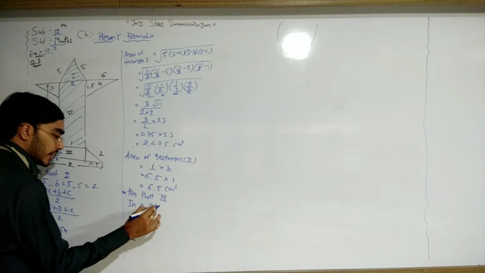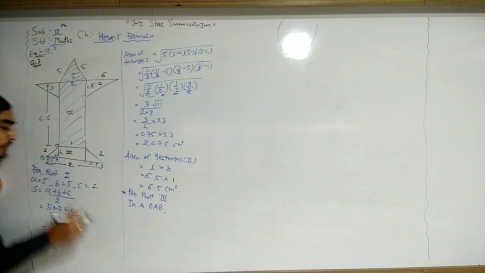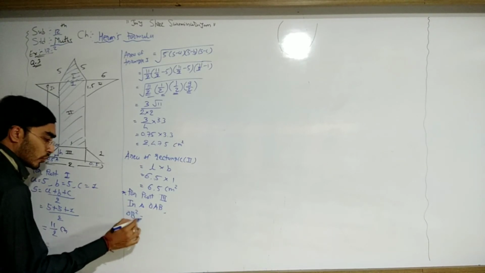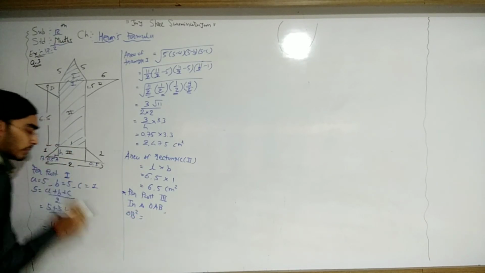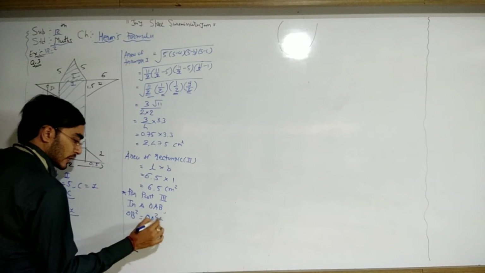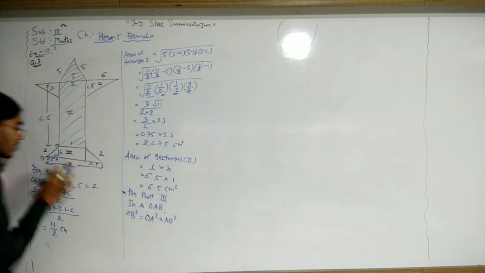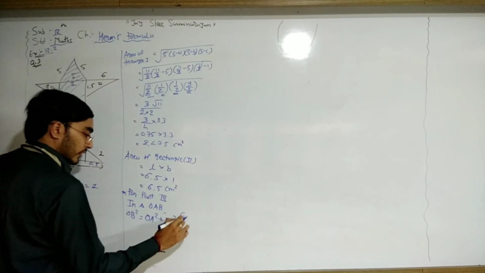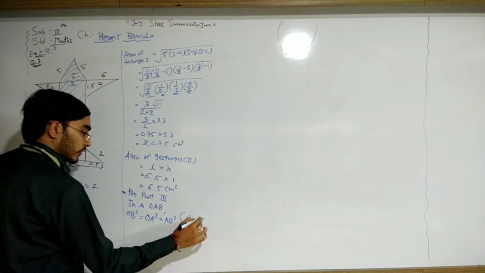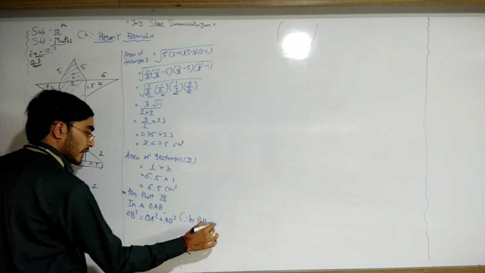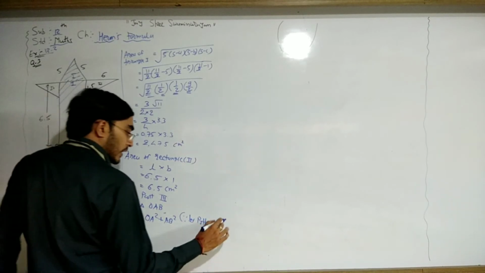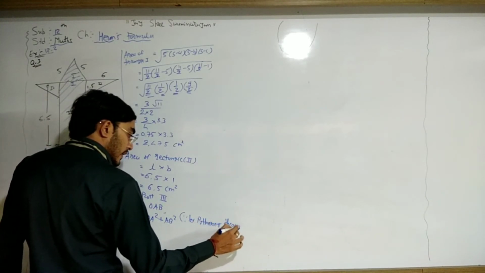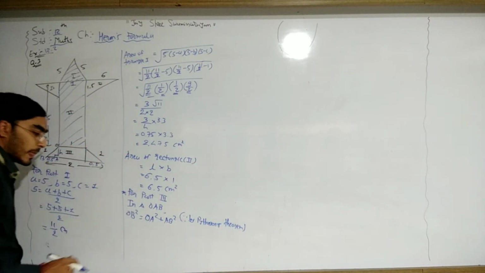In triangle OAB, hypotenuse OB square is equal to OA square plus AB square, and the reason is the Pythagoras theorem.